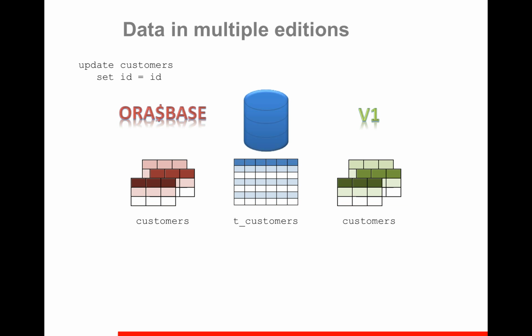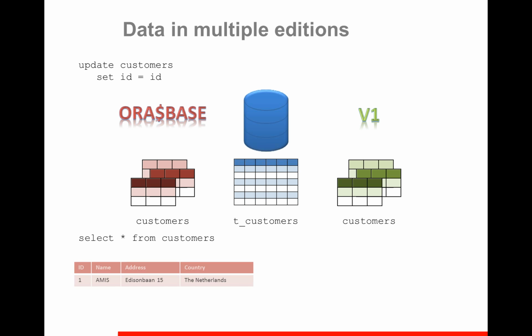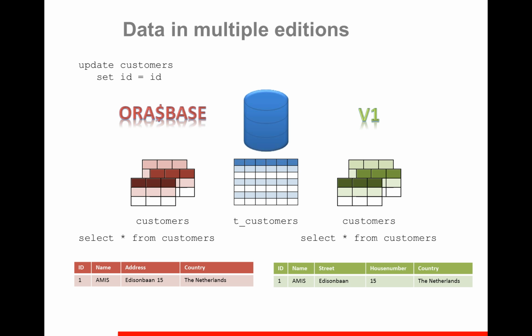And to make sure everything is fixed, we do a simple update. You can also write an update statement yourself, but you've built the trigger, so why not use it? And now if we select from customers, same as before, but in the new edition, the data is also displayed thanks to the cross-edition triggers.